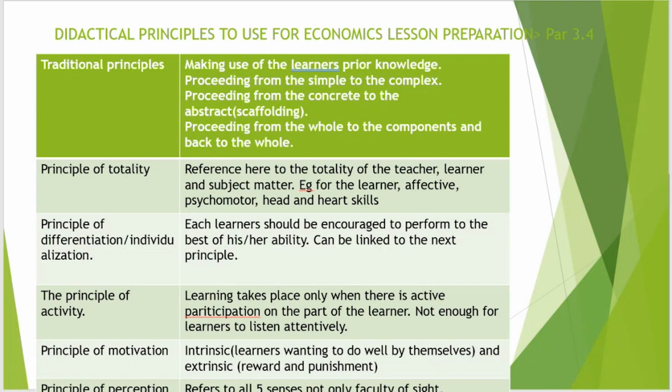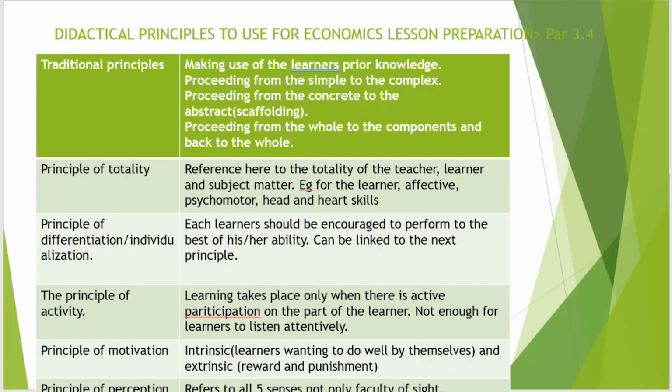Localizing details is point number 1. In other words, what are you teaching, economics? For which grade? What is the time allocated for this lesson? How many learners were in the class? What is the theme in the syllabus?